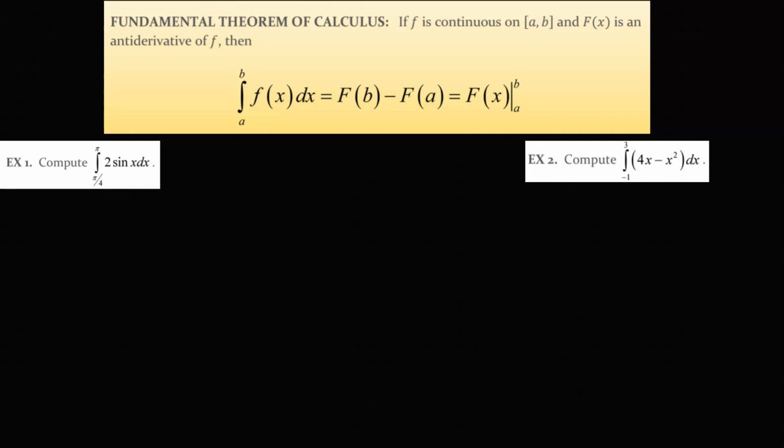The fundamental theorem of calculus says that if you have a function little f that is continuous on the interval a, b, and big F is an antiderivative of the function f, then when you are evaluating the definite integral from a to b of little f of x dx, it is going to be the antiderivative evaluated at b minus the antiderivative evaluated at a.